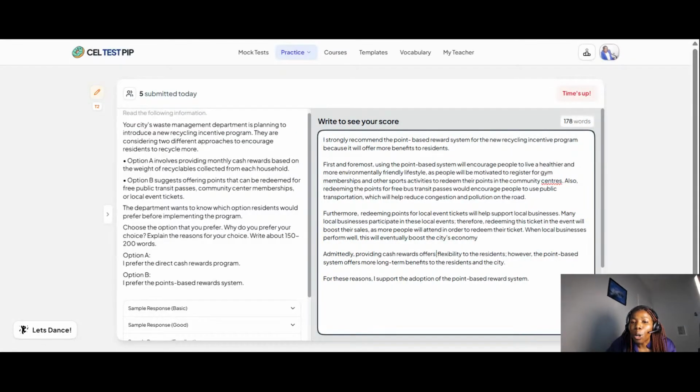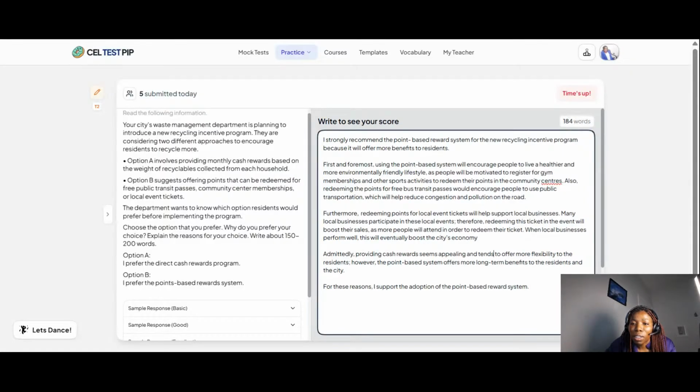Providing cash rewards seems appealing and offers more flexibility.